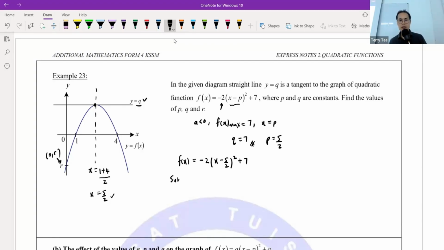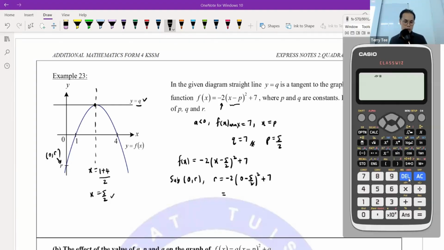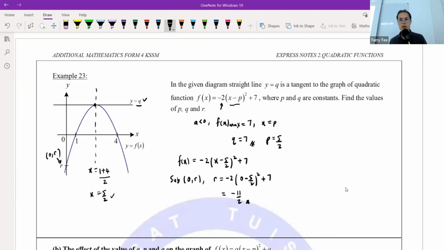And you want to sub in the coordinate (0, r). So your r is -2. 0 minus 5/2 squared plus 7. You can use the calculator, right? 0 minus 5/2 is -5/2, close bracket, square it, plus 7, negative 11/2. So you got your p value, your q value, and your r.